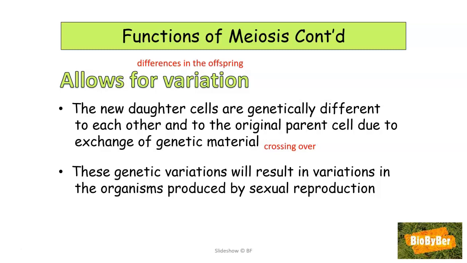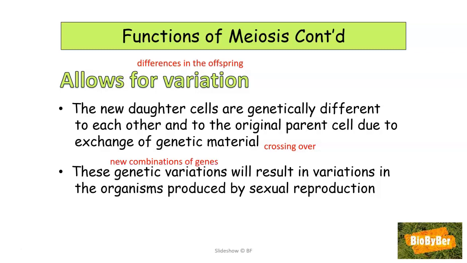Now, because the daughter cells are genetically different to each other and to the parent cell that was there originally, that will result in variations or differences in the organisms that are produced.